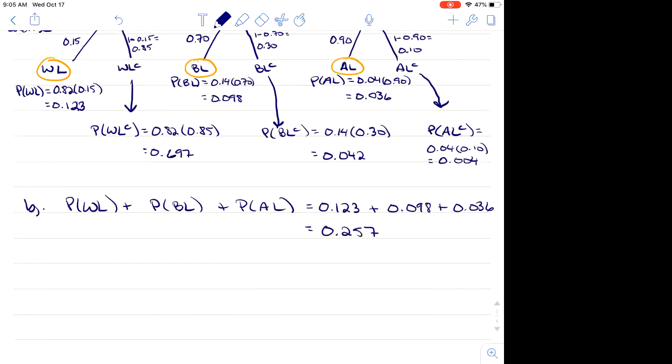So then 25.7% of the entire population is lactose intolerant.